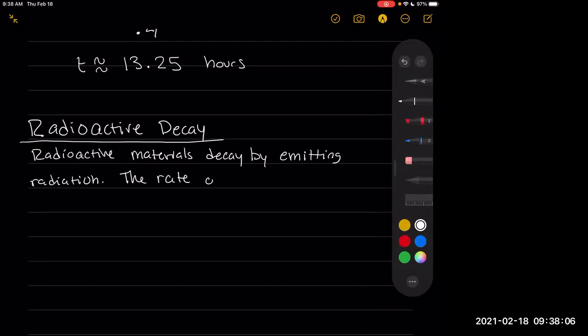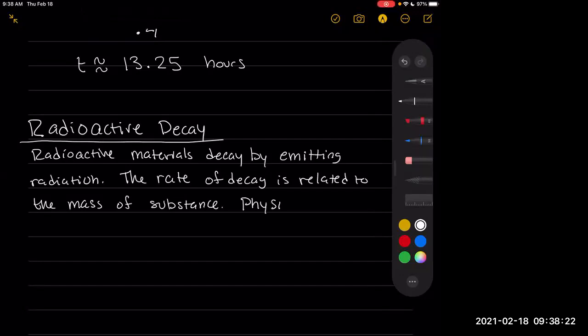The rate of decay is related to the mass of the substance. Physicists express the rates of decay in a term called half-life.